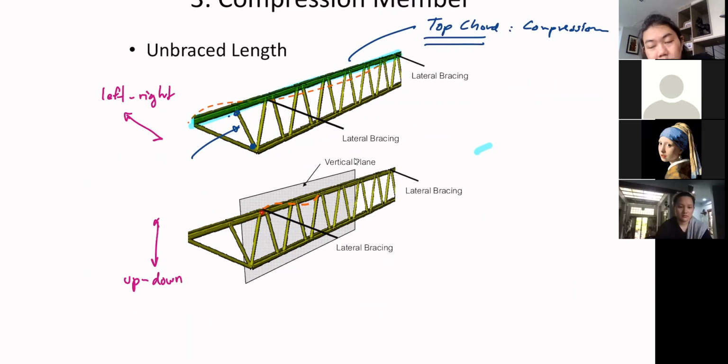So when your top chord under compression is going to buckle in this plane, the vertical plane, the unbraced length will become the length between the joints, or the panel, we can say that. So this becomes your unbraced length in this direction. And now you can say it's a pin, right? So K may be taken as 1.